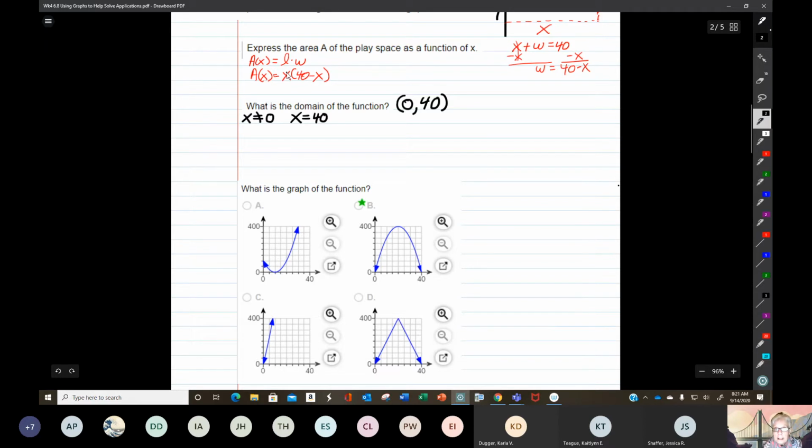I'm going to go ahead and distribute this x into the parentheses, and what that will give me is 40x minus x squared, which can be rewritten more properly as negative x squared plus 40x.